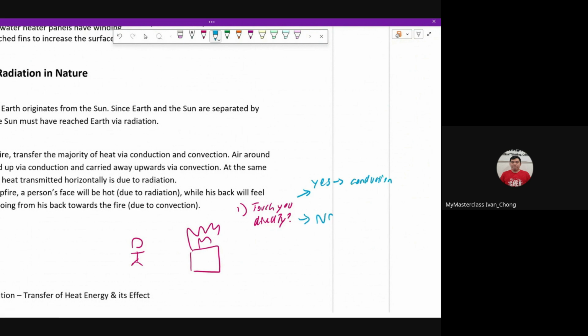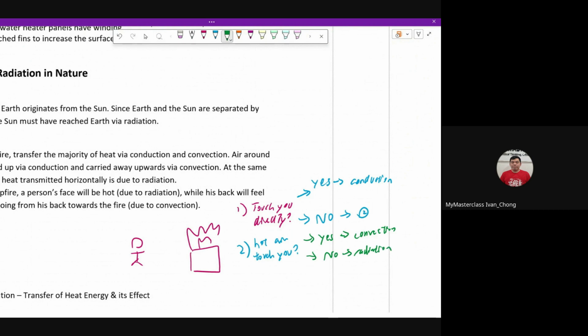If it's no, let's move on to number two. Does the hot air touch you? If the hot air touches you, yes, this is convection. If it's no, it just means it's radiation.